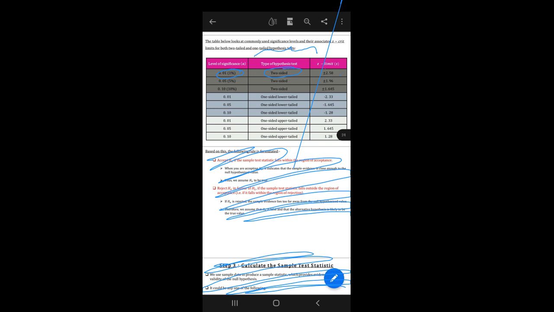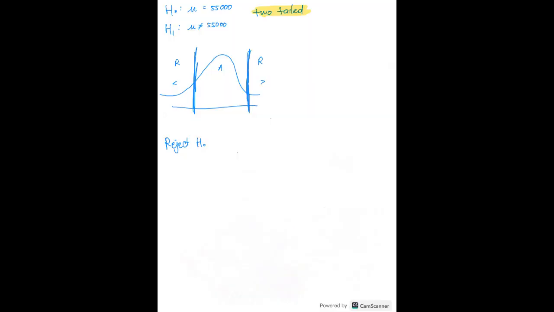So in this example, it was a 1% level of significance, and it was a two-sided test or two-tailed test, your limit is 2.58. As you can see, it has a plus and a minus sign. This is indicating to you that it's plus 2.58 on the right-hand side and a negative 2.58 on the left-hand side. So 2.58 here, a negative 2.58 here.